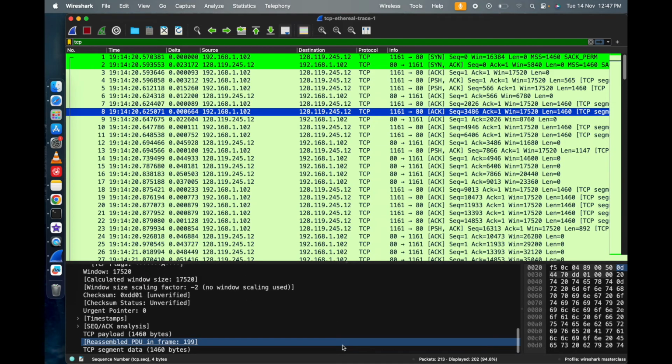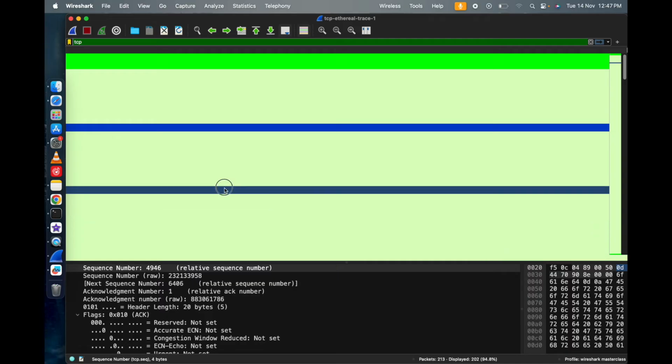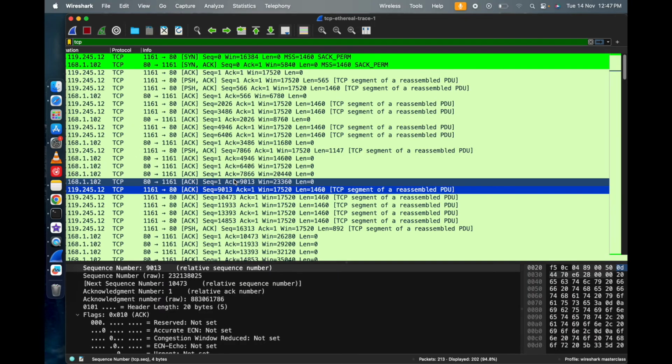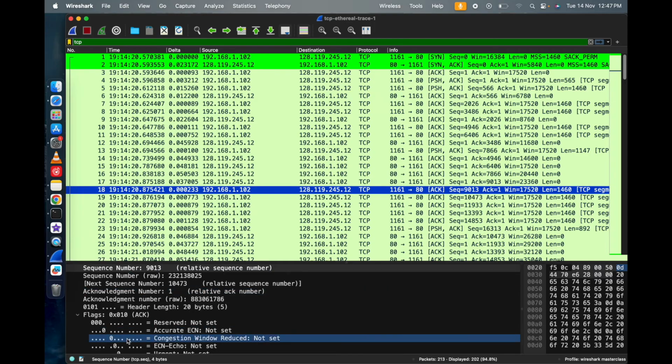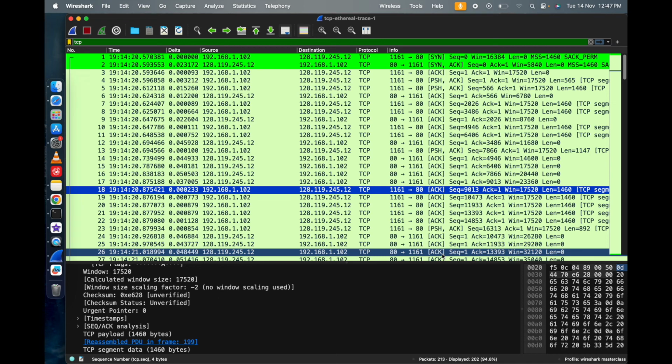Let's say over here it has been 1460, and over here it has been 1460, and it goes on.